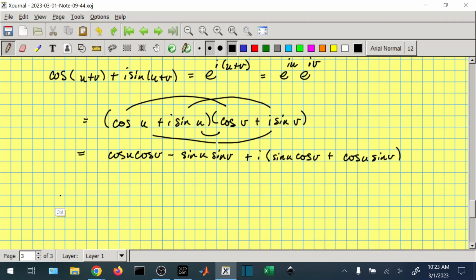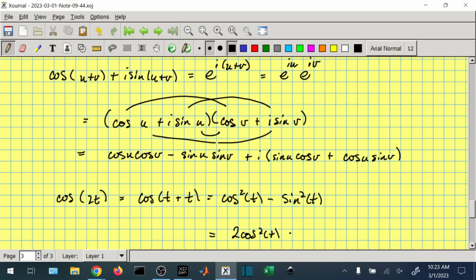So what is cosine of 2t? Well, it's cosine of t plus t, which is cosine t times cosine t minus sine t times sine t. But we can replace sine squared with 1 minus cosine squared. So you get 2 cosine squared minus 1.